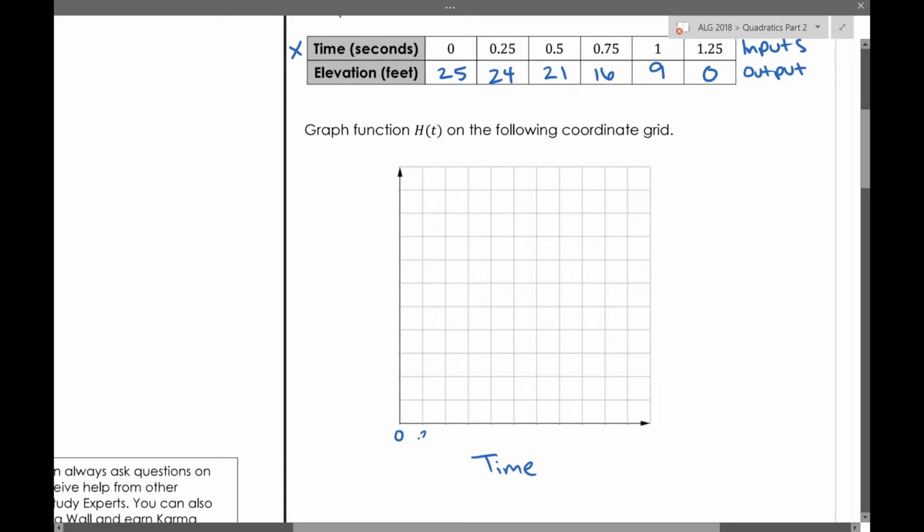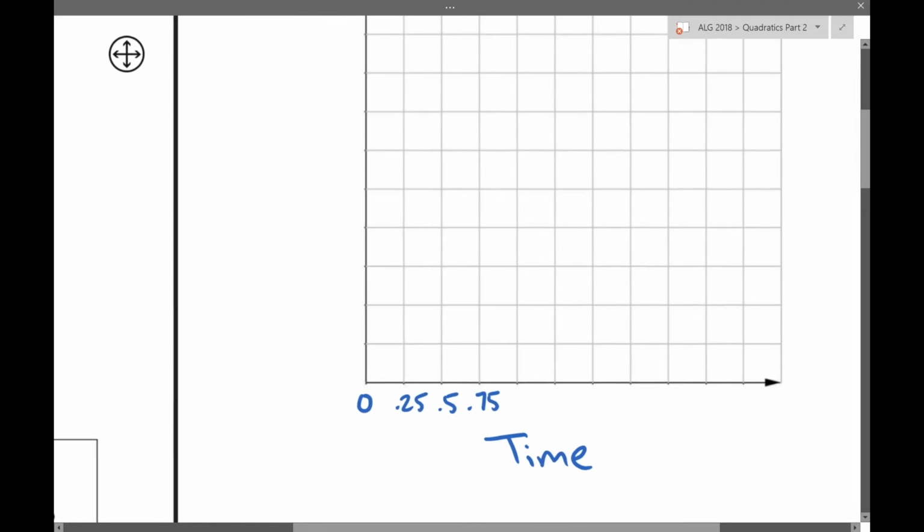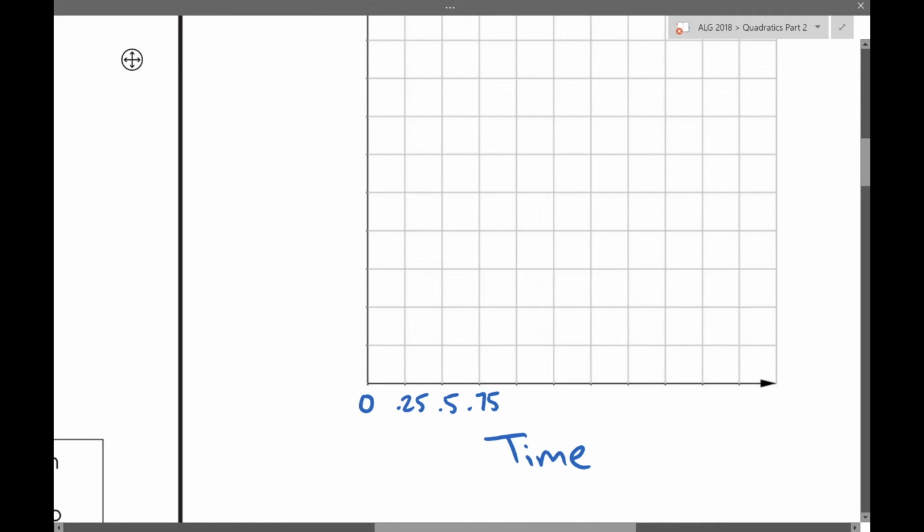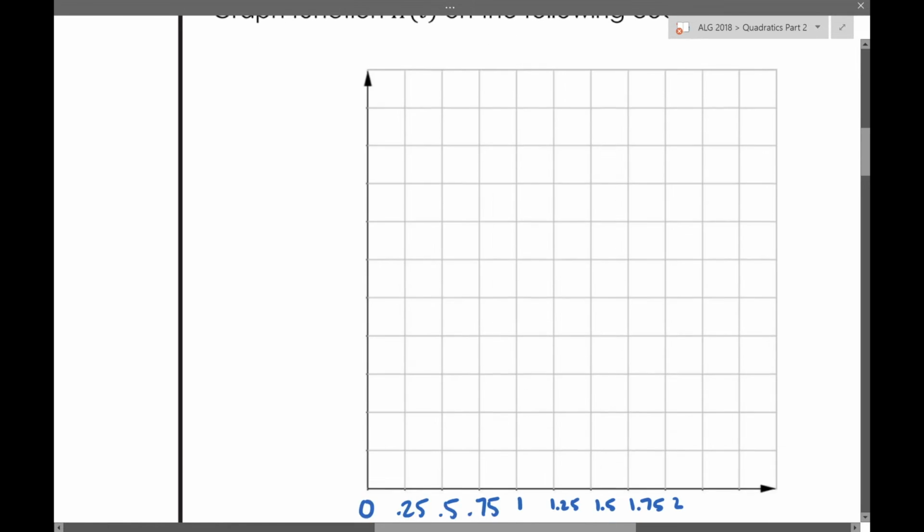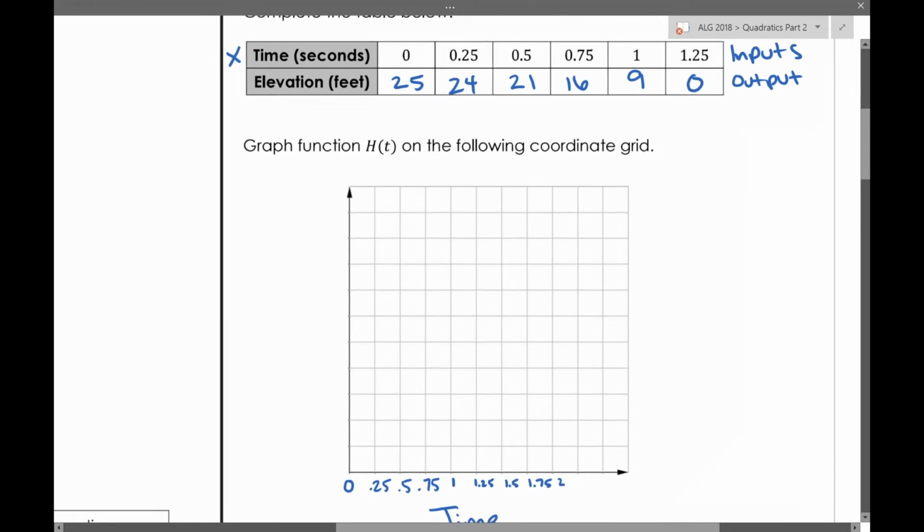So this next one, 0.25, then 0.5, 0.75, then 1, 1.25, 1.50, 1.75, and then we'll be at 2. That's about as far as we need to go here, because I don't go above 2 seconds.